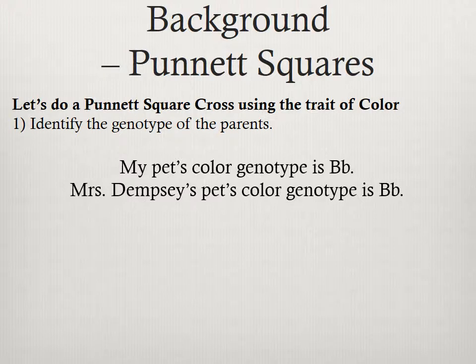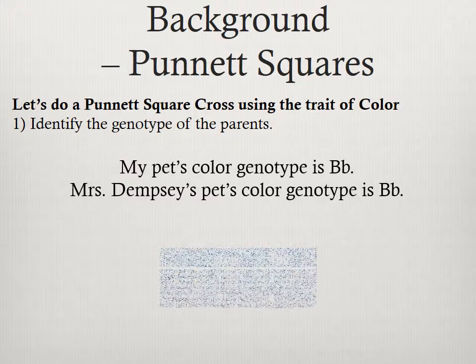And with that blue color, you want your genotype to be big B, little b. Well, let's say for the instance of this, my pet is big B, little b. So you're crossing a blue dog with the genotype of big B, little b, with a blue dog with the genotype of big B, little b.